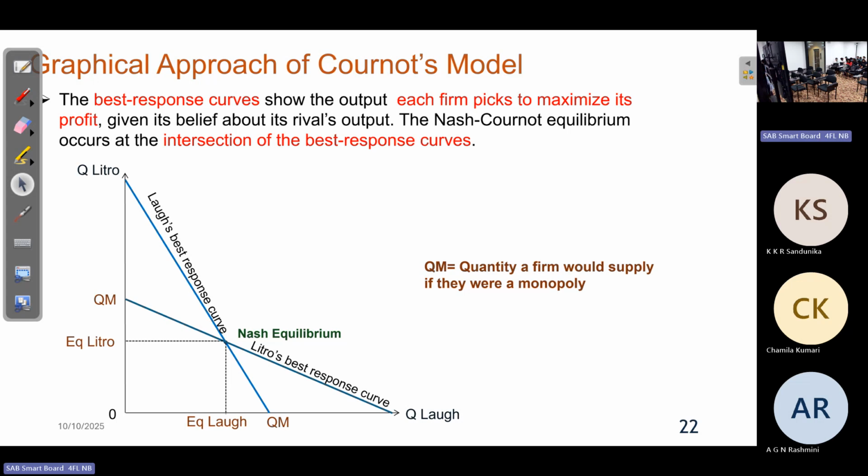So here we have the two best response functions. When these two intersect, we say this is the Nash equilibrium. We already calculated 64 and 64.